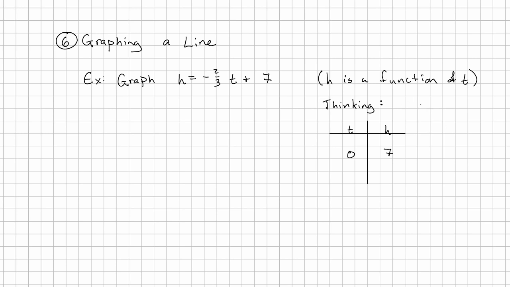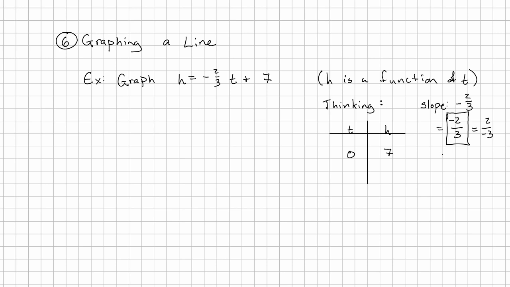And now we're going to look at the slope, which is -2/3, which when I have a negative fraction, I can either have a negative numerator or a negative denominator, but not both. For the moment, I'm going to think of negative numerator, positive denominator.